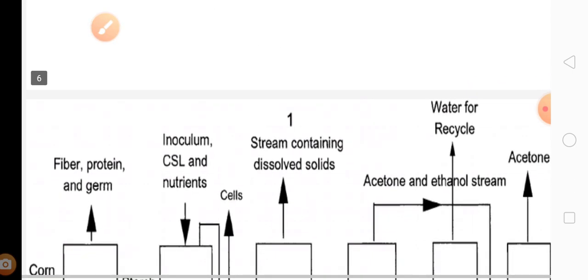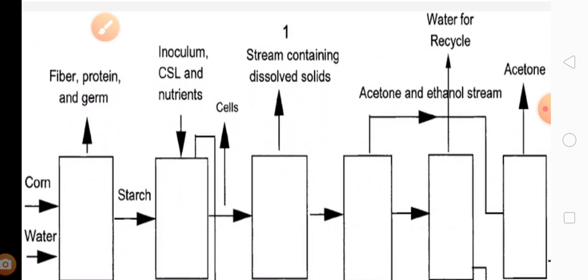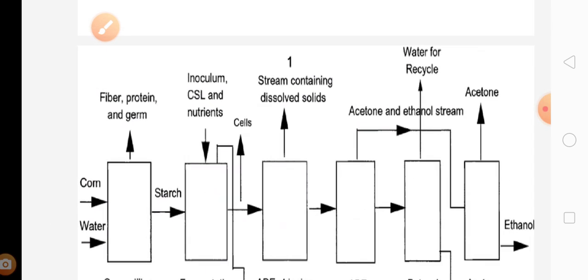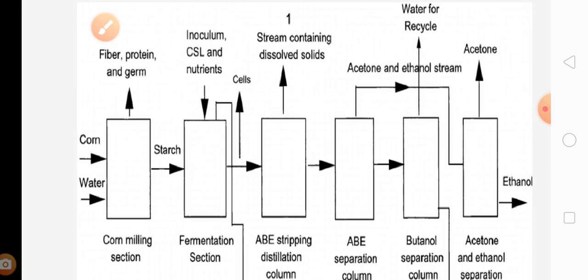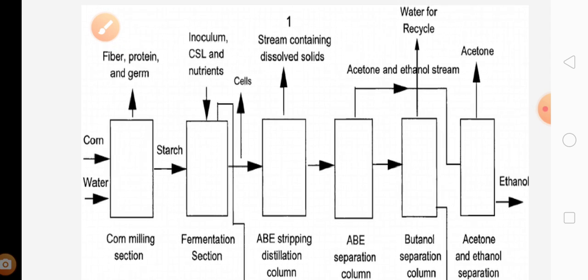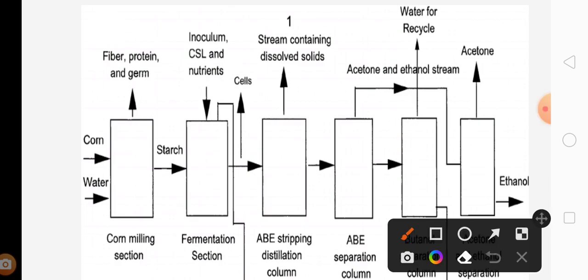So, let's move on to the process of butanol production. And here I have summarized the entire production in a chart form, which will make it easier for you to understand how butanol is produced. So in the first step we see the corn milling section.